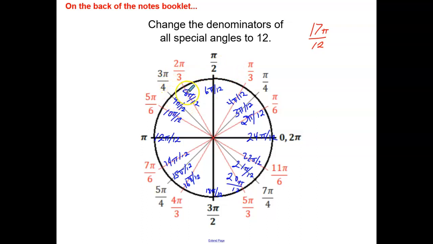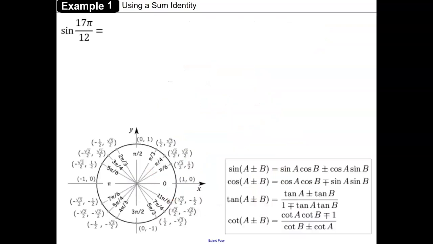But 9 plus 8 does add up to 17, right? 9 pi over 12 plus 8 pi over 12 would total 17 pi over 12, and we have values for both of those. 2 pi over 3 and 3 pi over 4 are both special angles on the unit circle. So those are the two angles that we're going to use, 2 pi over 3 and 3 pi over 4, because those total 17 pi over 12.